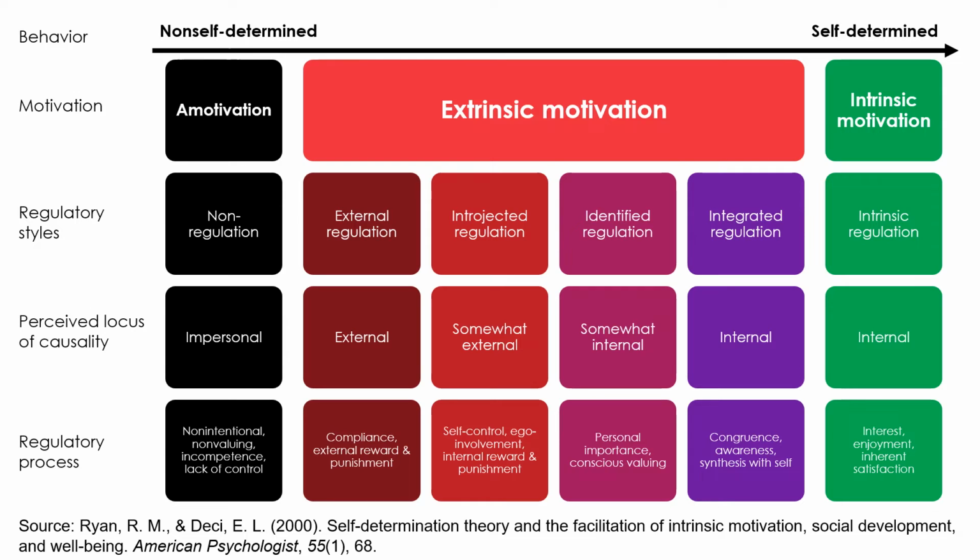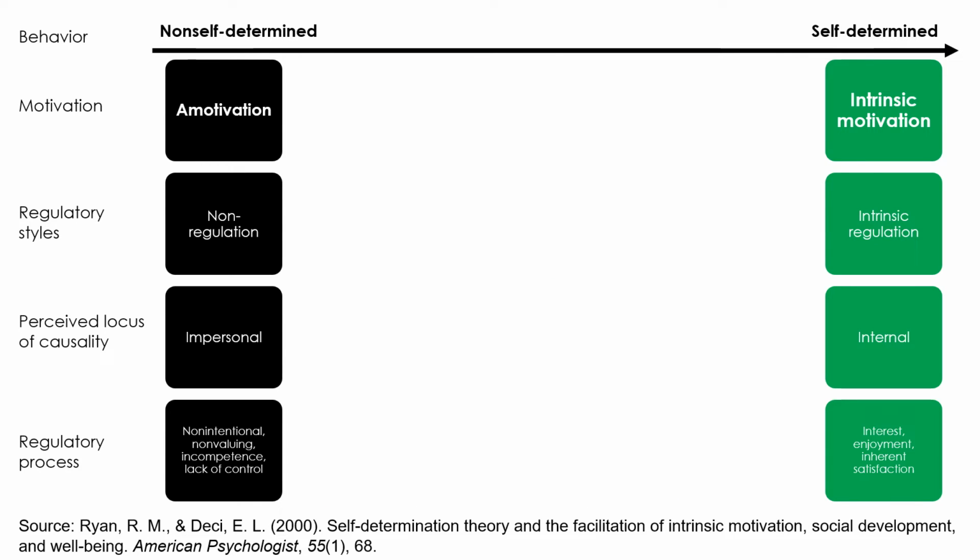To the right of amotivation, there are five classifications of motivated behavior. Just because all of your teammates demonstrate the same behavior doesn't necessarily mean that the behavior is driven by the same motivation. At the far right of the continuum is the state of intrinsic motivation, which means a behavior is driven by its inherent satisfaction.